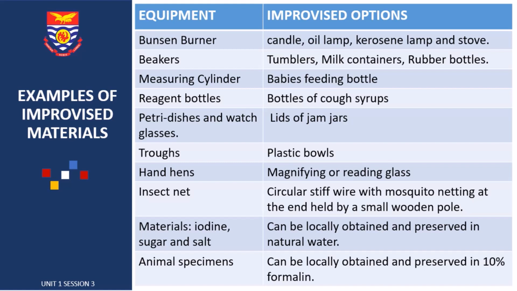And then the next one, we have a beaker. You can use tumblers, milk containers, or rubber bottles to serve as a beaker. For the measuring cylinder, you can use a baby's feeding bottle. Some of the baby's feeding bottles are graduated, in the sense that they have labelings.